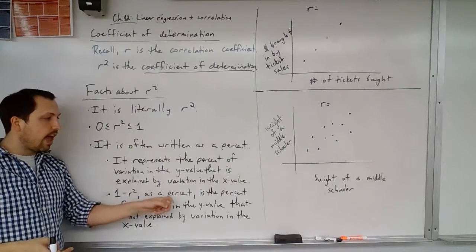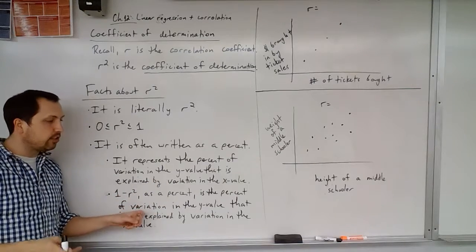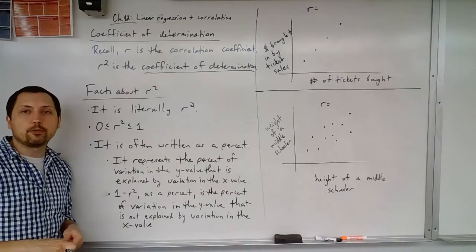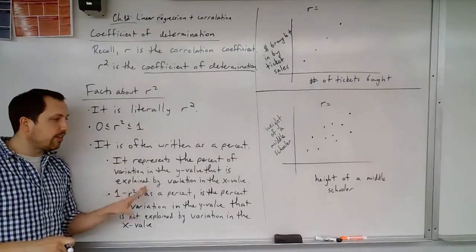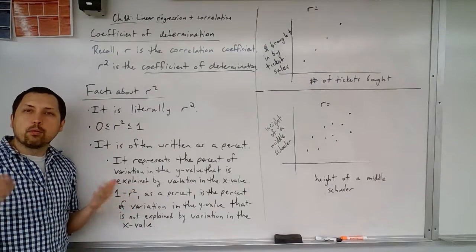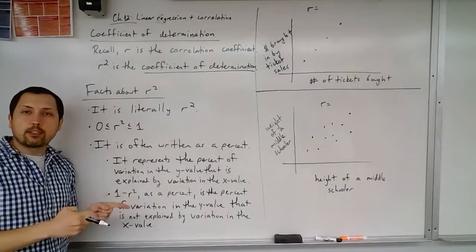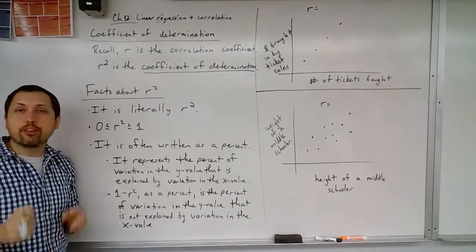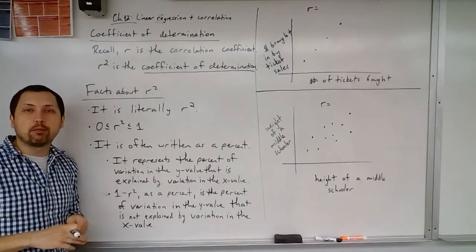The other, as a percent, is the percent of variation that is unexplained by variation of the x value. We're saying, why do I have different y values? Well, some of it is explained because I have different x values. Some of it I can't explain. There's something else taking place here.